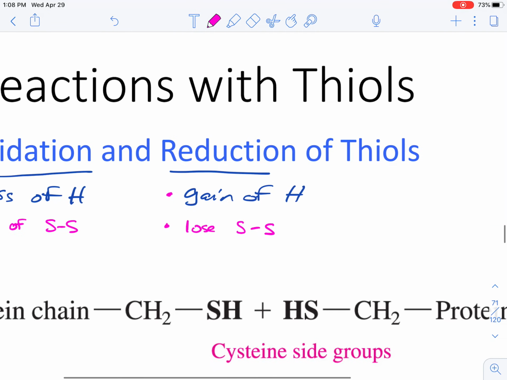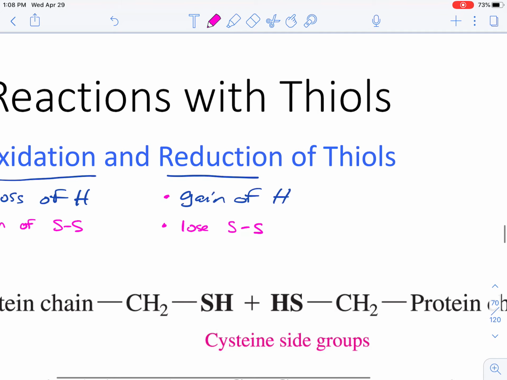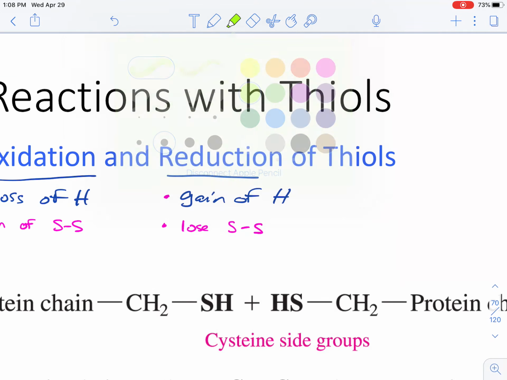And so why is this relevant? In your body, there are 20 amino acids. And one of those amino acids, called cysteine, contains a sulfhydryl functional group.